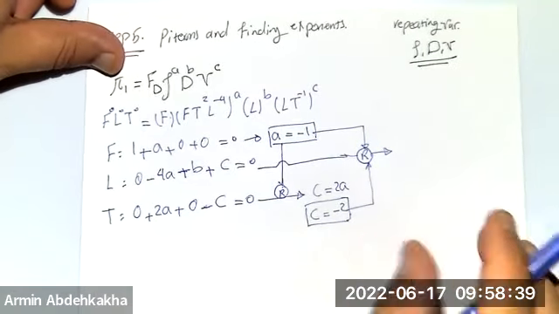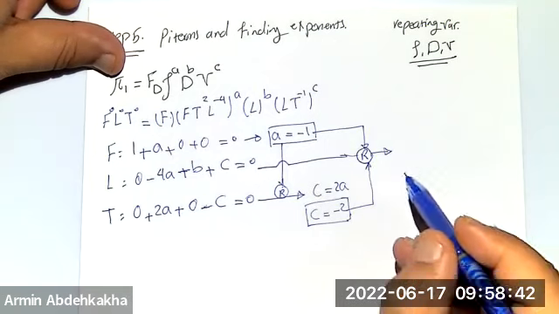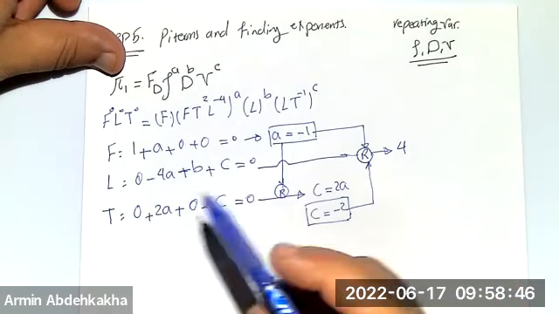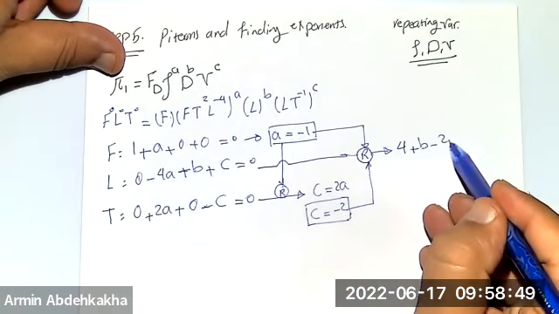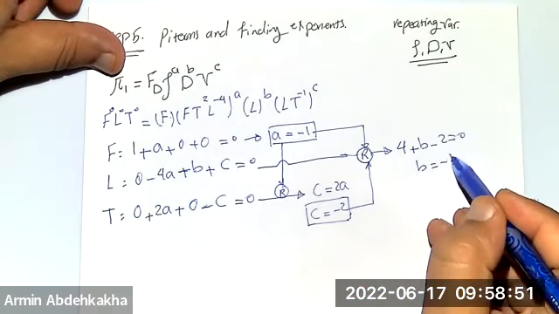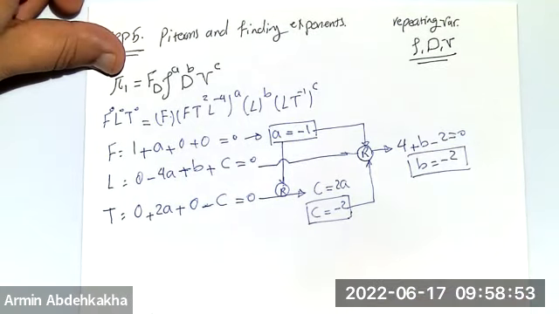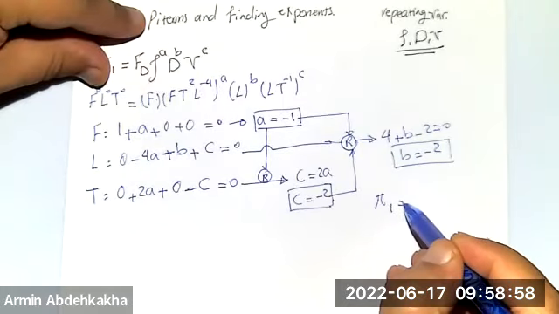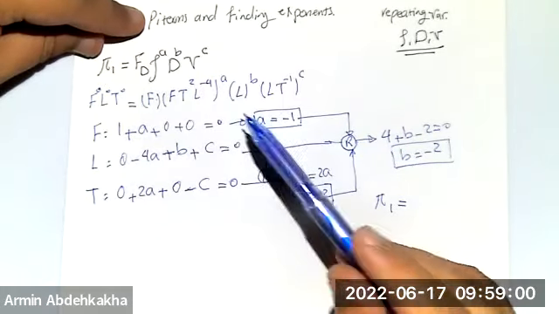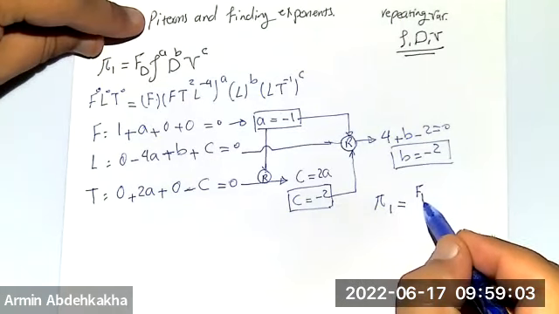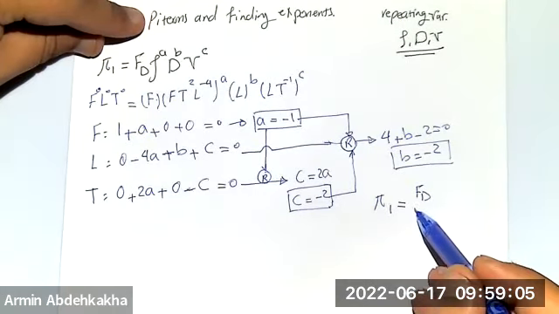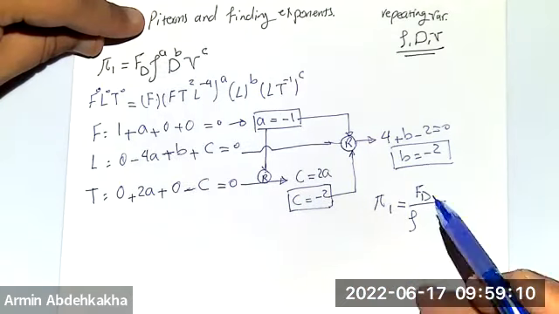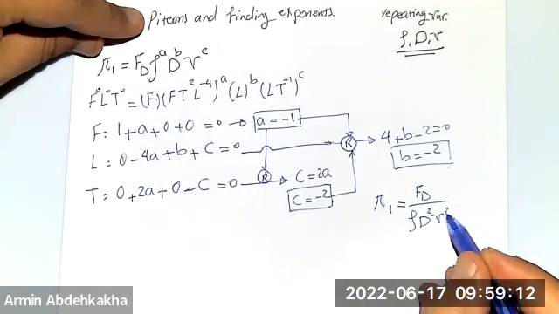If I replace that, I have 4 times minus 1 times minus 4, plus b, plus b minus 2 equal to 0, then b is minus 2. What is the pi term? So pi 1 is F D. All has to be on the denominator. So rho a is 1, T squared, V squared.